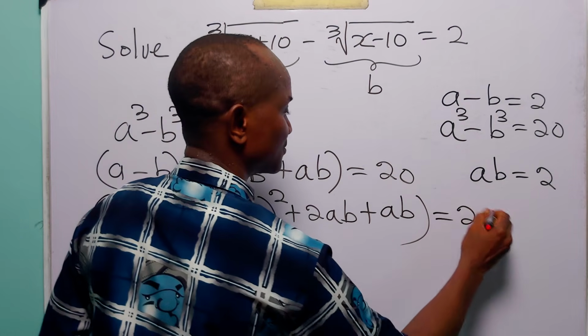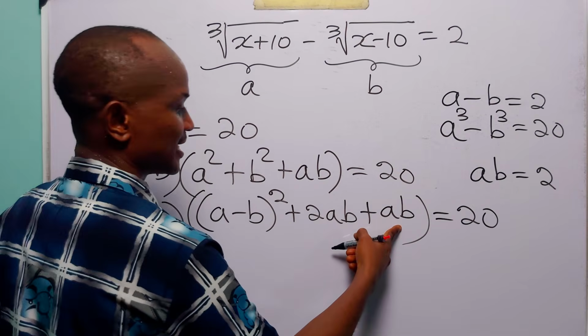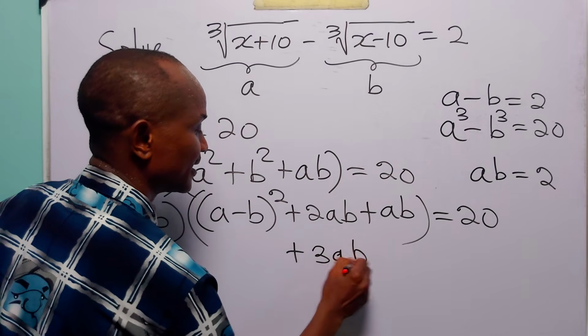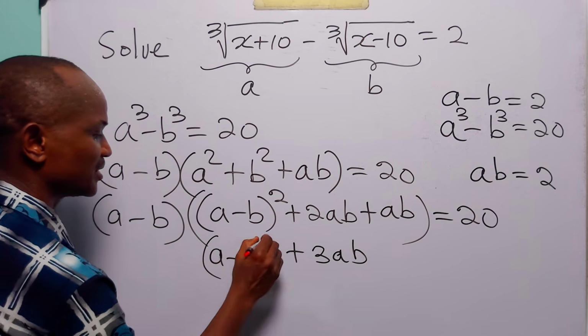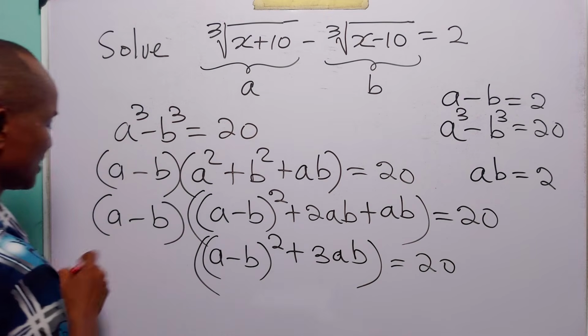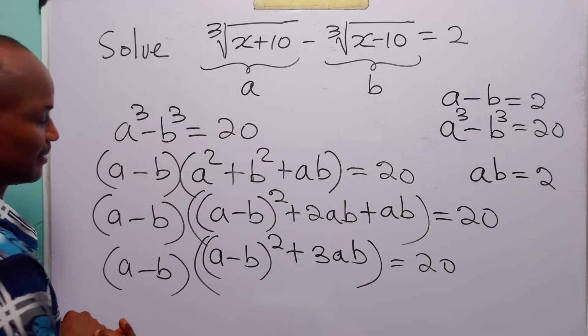Everything is equal to 20. Now, 2ab plus ab is 3ab. So this is 3ab plus a minus b squared. This is equal to 20. And this is multiplied by a minus b.